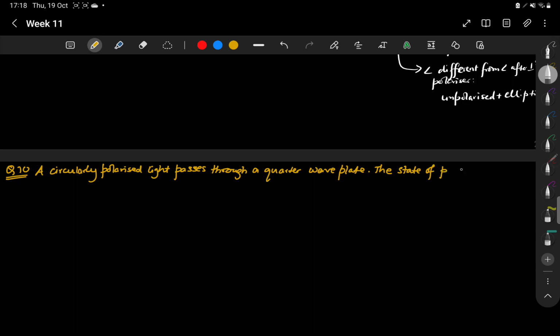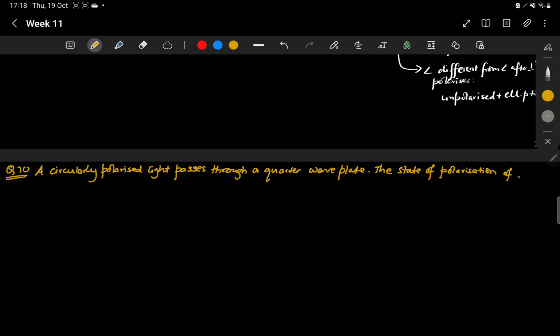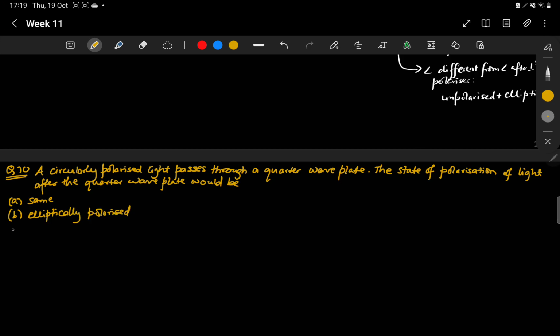The state of polarization of light after the quarter wave plate would be: A, same; B, elliptically polarized; C, linearly polarized; or D, unpolarized.